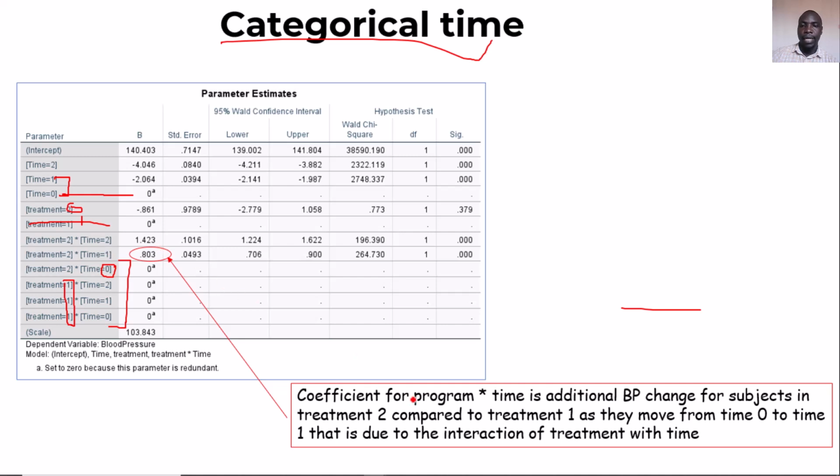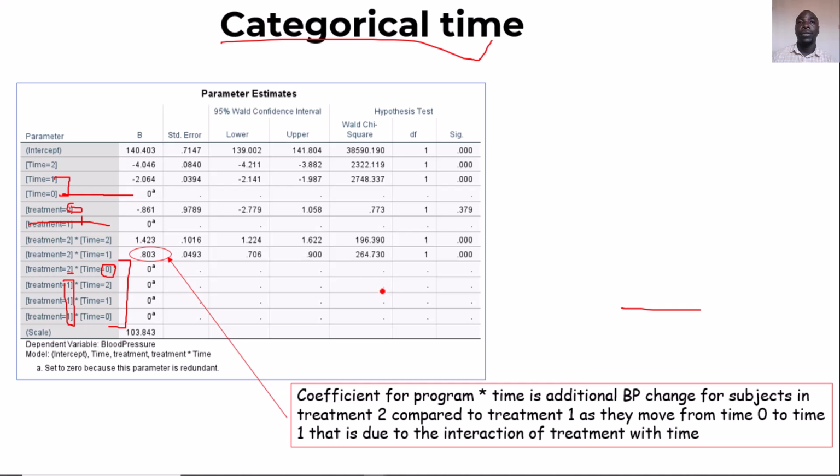So here we can see that the coefficient for program time interaction, this one here, is the additional blood pressure change for subjects in treatment 2 compared to treatment 1. Here we have a 2, so we are comparing it to treatment 1 as they move from time 0 to time 1. You can see time equals 1 as they move from time 0 to time 1. That is due to the interaction of treatment with time.